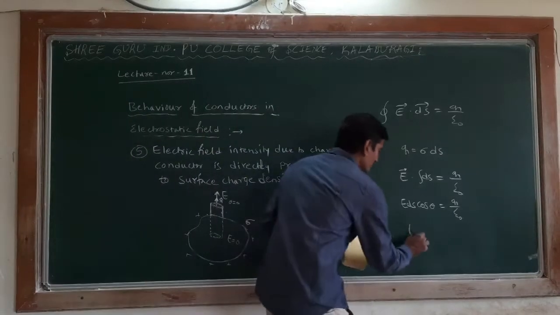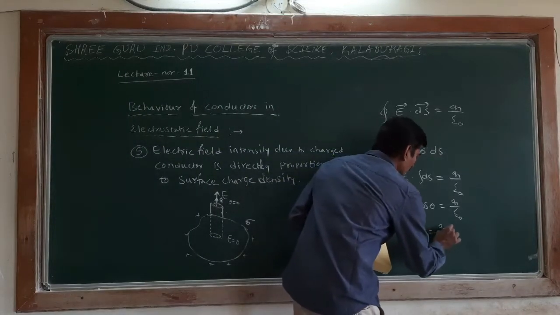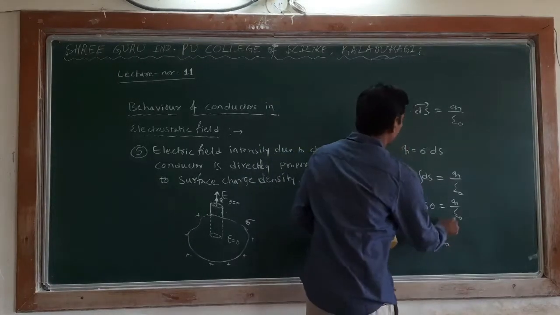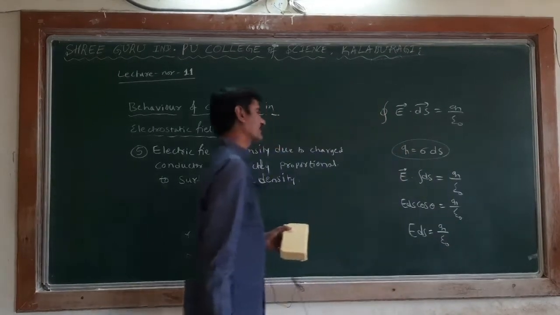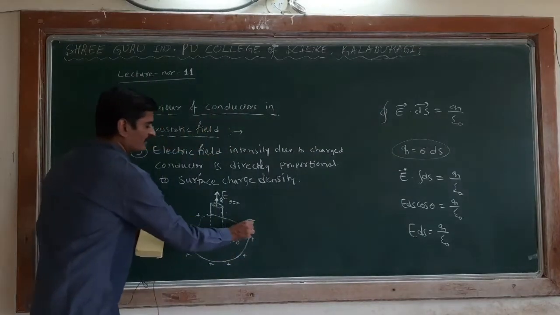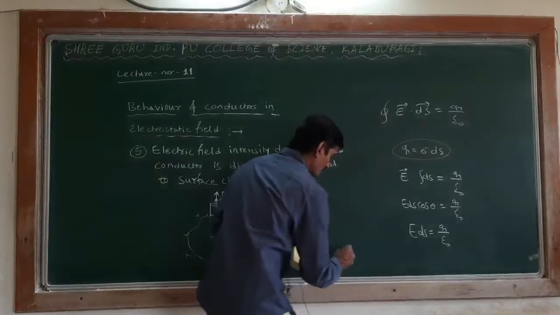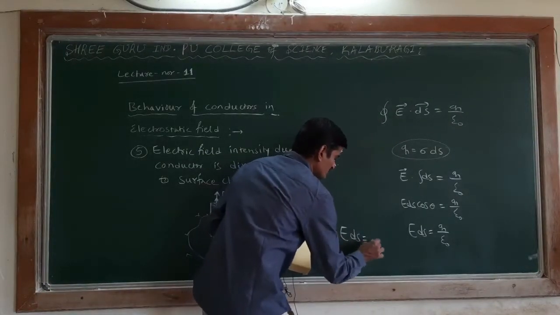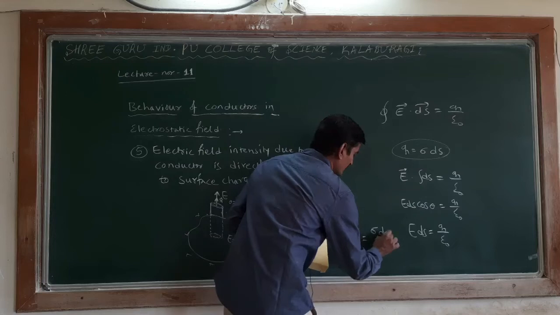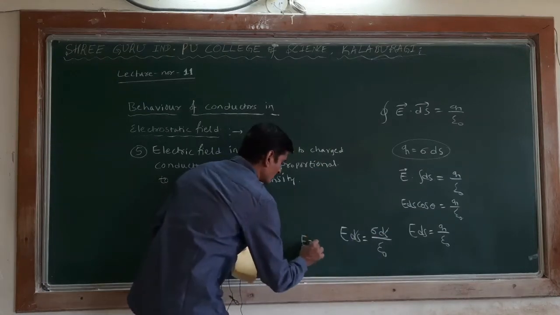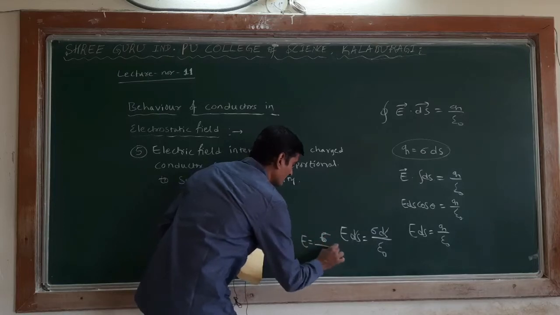So E ds is equal to q by epsilon naught. With q equal to sigma ds, E ds is equal to sigma ds divided by epsilon naught. So ds cancels, and E is equal to sigma divided by epsilon naught.